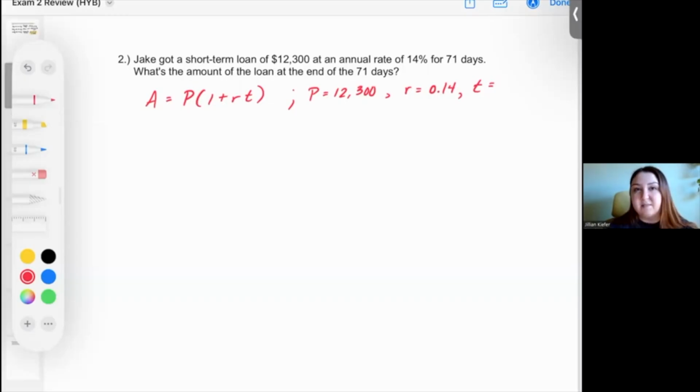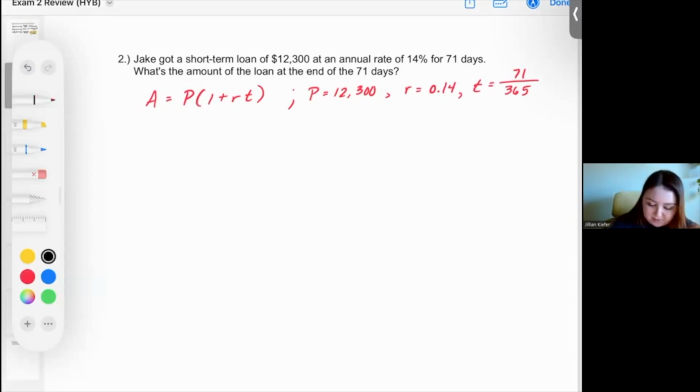Since we have days, not years, we're taking that number of days and making it out of the days of the year, 365. So for T, our time, we really have 71 divided by 365. Whatever the number this is, this would correspond to the percentage of 71 days out of a full year. So this is how we'll set up our problem.